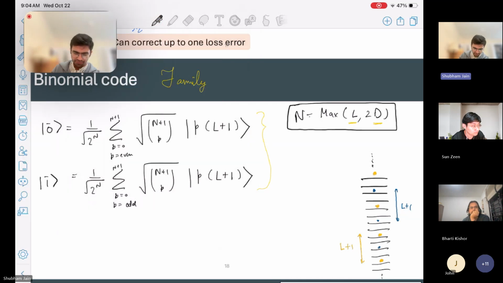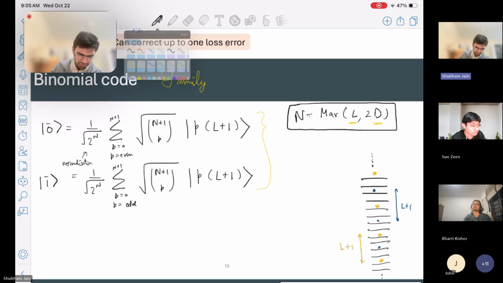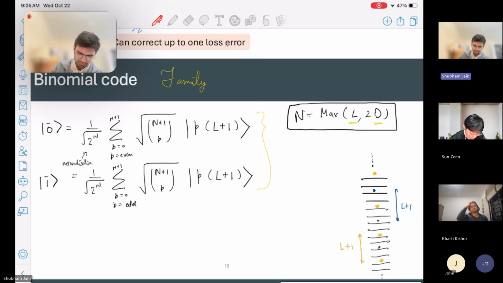So let's break this down a little bit. This is just some normalization. Then you have these binomial coefficients. N plus 1, the simple bracket just means n plus 1 choose p. And because we have these binomial coefficients, these are called binomial codes.